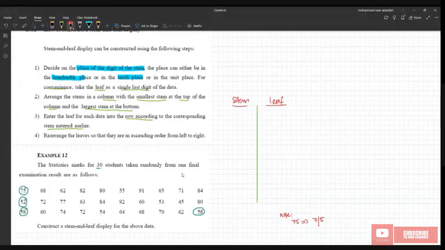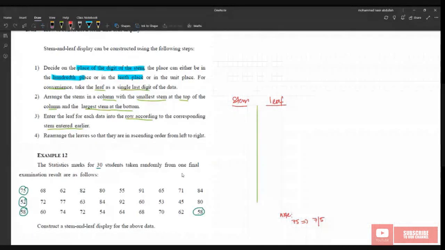Let's say the smallest value is 50 something, right? 52, 58. We start with 5. Right? 5, first column we have 2, 8, and then we have 4, 5, 3, and 8. Sorry, we have 45, right?